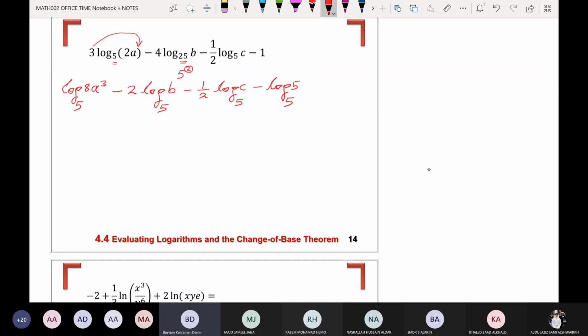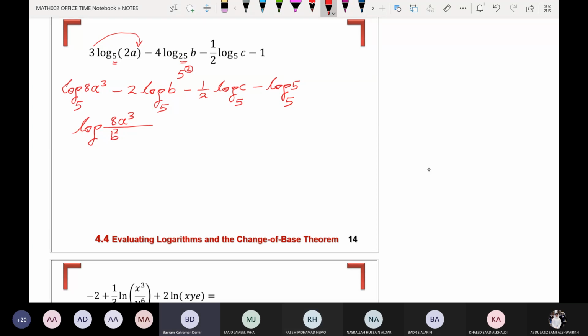Now we have only one logarithm which is positive. So the argument is 8a cubed divided by b squared.